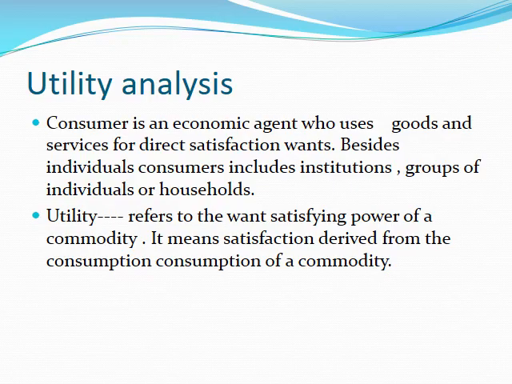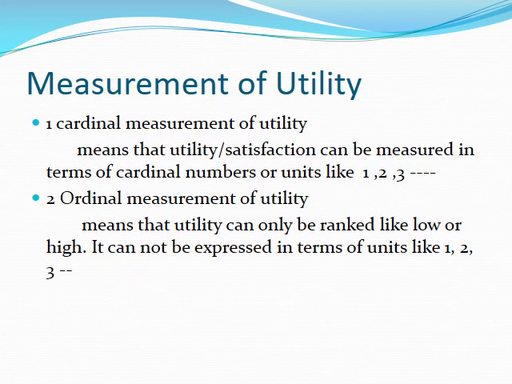Now what is utility? Utility is the want satisfying power of a commodity. It means satisfaction derived from the consumption of a commodity is called utility. So when you consume any commodity, you get some satisfaction. If we measure that satisfaction, that is known as utility.